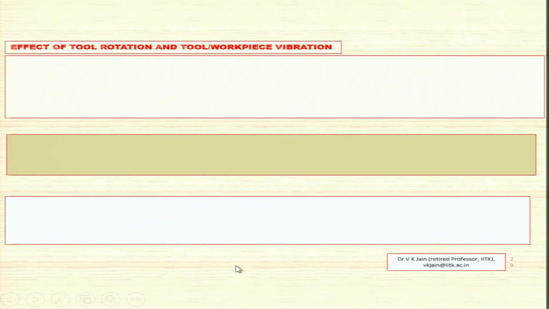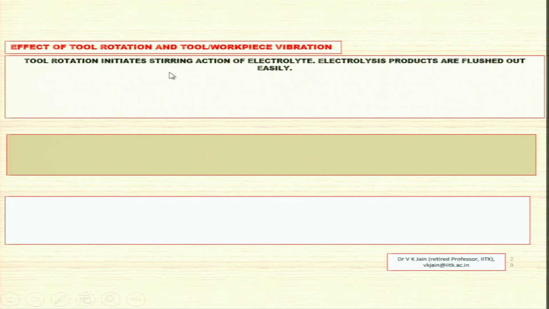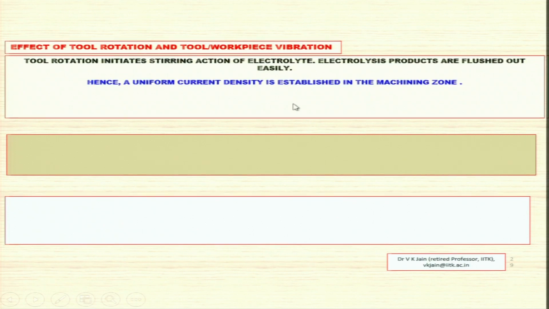Effect of tool rotation and tool workpiece vibration. We have already seen that either tool can be vibrated or workpiece can be vibrated. Tool rotation initiates stirring action, that is agitating action of electrolyte. Electrolysis products are flushed out easily.